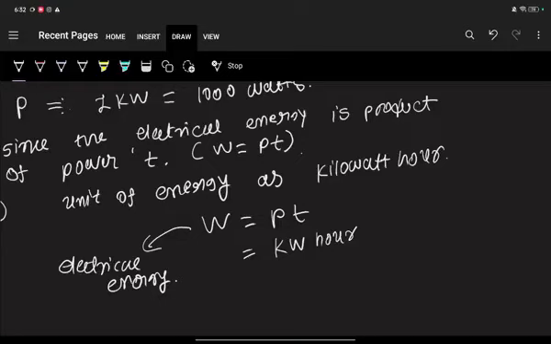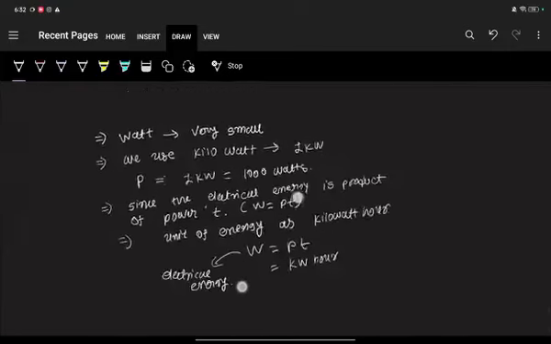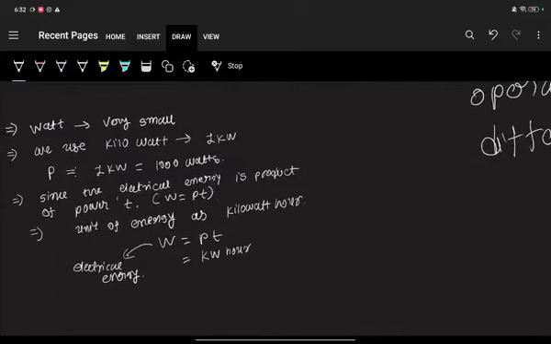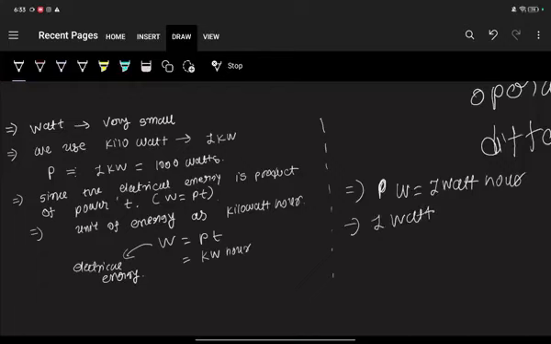Okay, now what is 1 watt hour? If the energy consumed is 1 watt hour, that means 1 watt power is consumed for 1 hour.